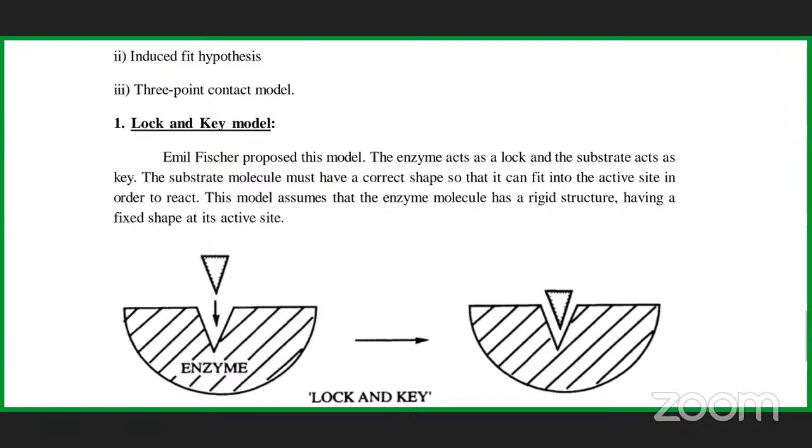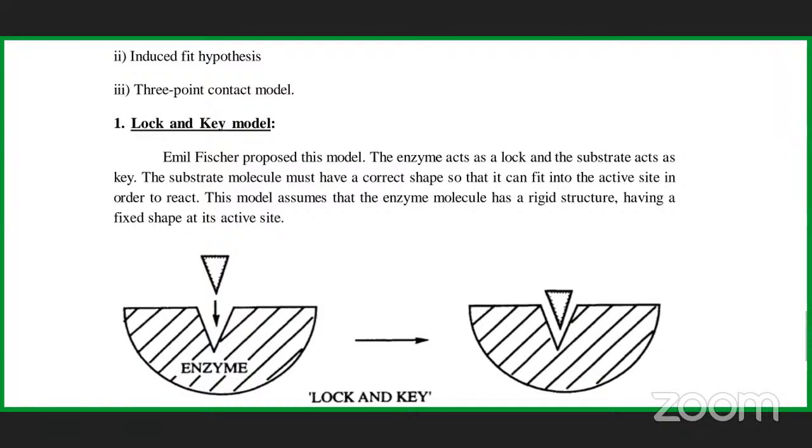This model assumes that the enzyme molecule has a rigid structure and a fixed shape in its active site. This is the very first model proposed by Emil Fischer.